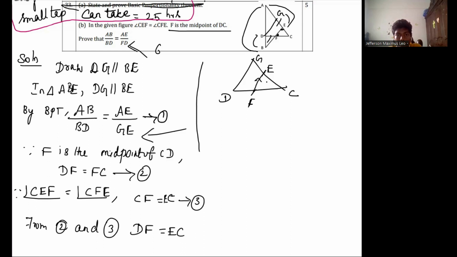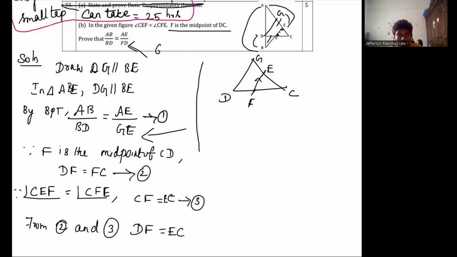So by the midpoint theorem or its converse, EC is equal to DG, we can prove. Here GE is there. F is a midpoint, correct? This line DG is drawn parallel to BE by construction. The converse of the midpoint theorem will come.